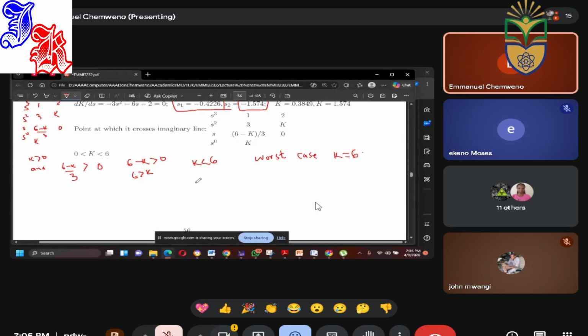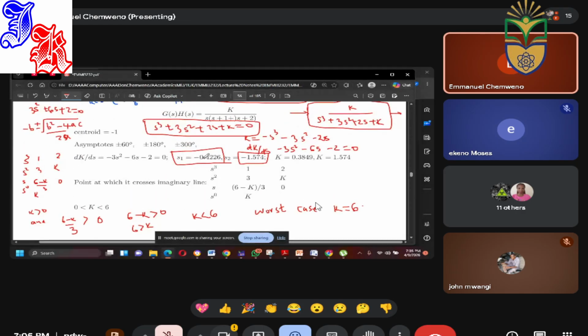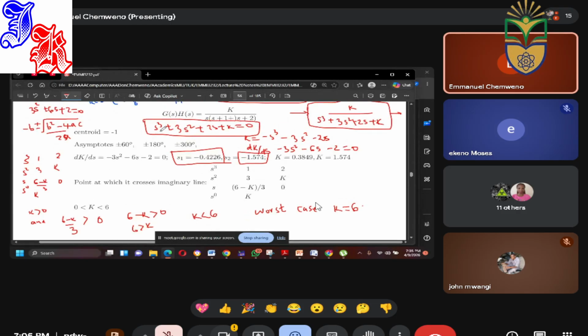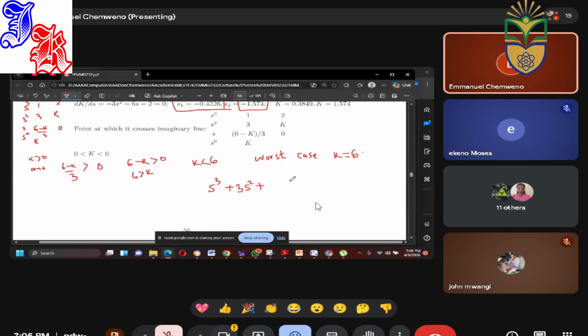So from this equation, s cubed plus 3s squared plus 2s plus k is equal to 0. Solve this.